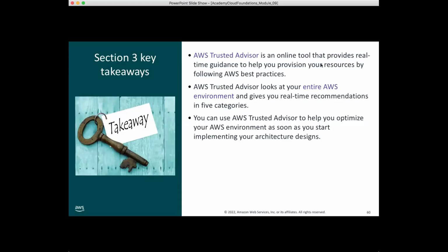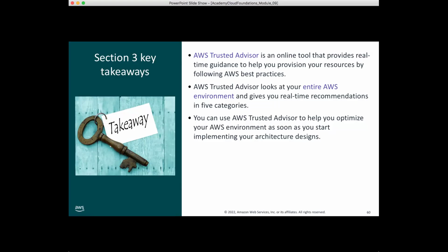Now, key takeaways. Section 3, AWS Trusted Advisor is an online tool that provides real-time guidance to help us provision resources by following AWS best practices. We previously looked at the Well-Architected Framework as well. Within that, 6 pillars, and within those pillars, we had best practice areas as well as best practice principles, right? So based on that, it gives us recommendations.